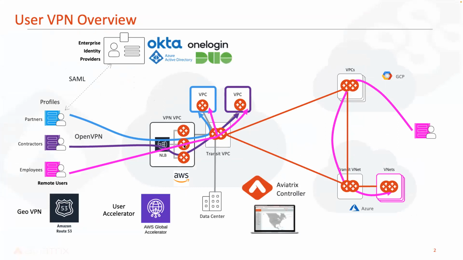We talked about the VPN gateways, and there is a different spoke gateway. We talked about GeoVPN or latency-based routing, and user accelerator, which is AWS's Global Accelerator. And we talked about the enterprise identity provider and how we can authenticate with SAML-based IDP providers.